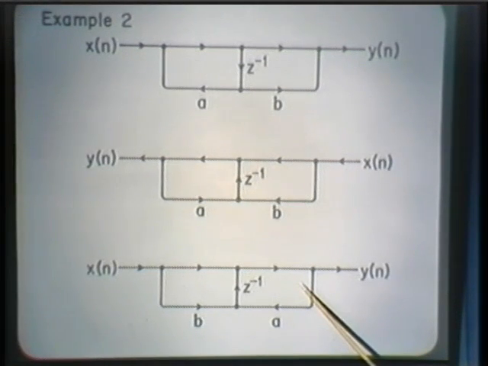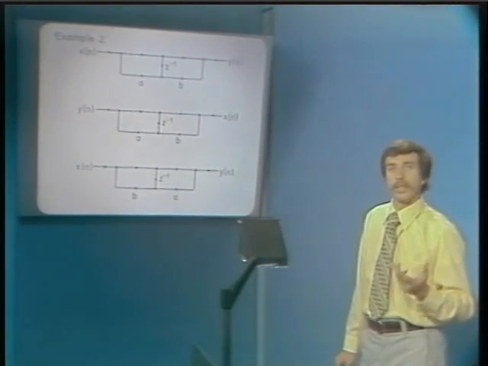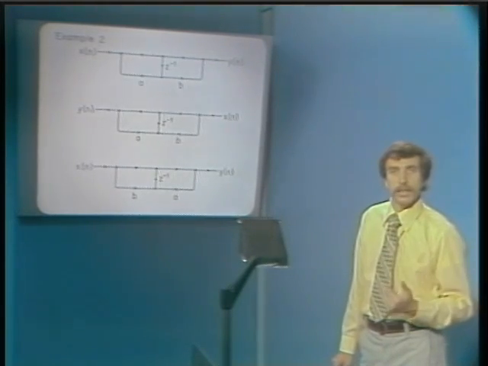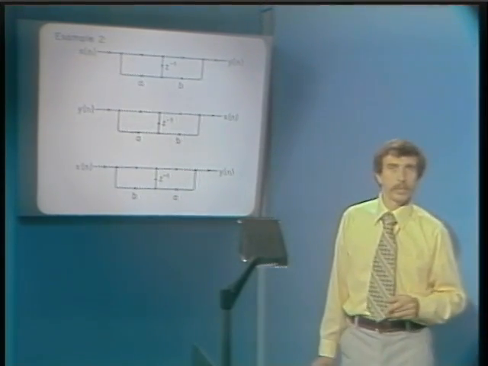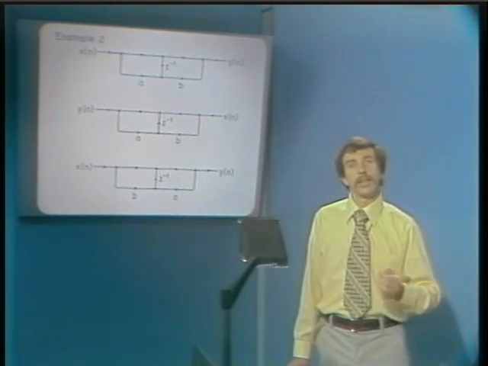Is this still a canonic structure? Well, of course it's a canonic structure because it only has one delay. And obviously, transposing a network couldn't possibly affect the number of delays in the network, so that if we begin with a canonic structure and apply the transposition theorem to it, we must end up with a canonic structure also.